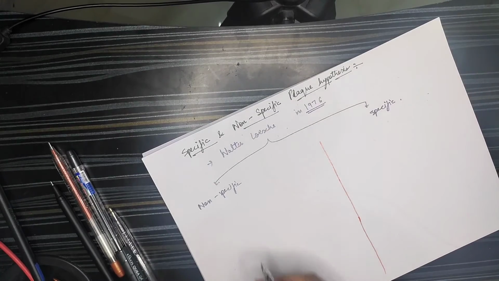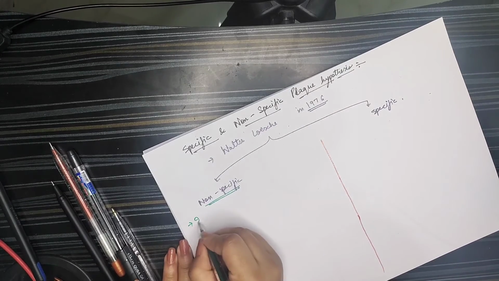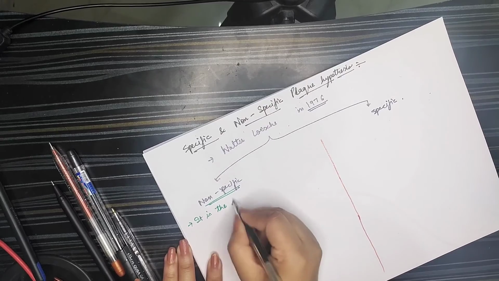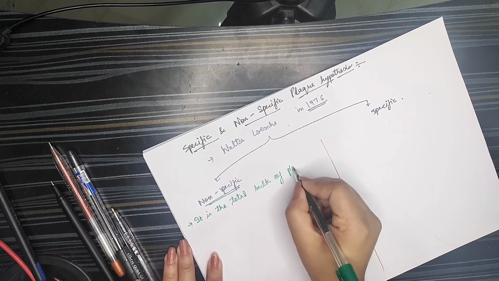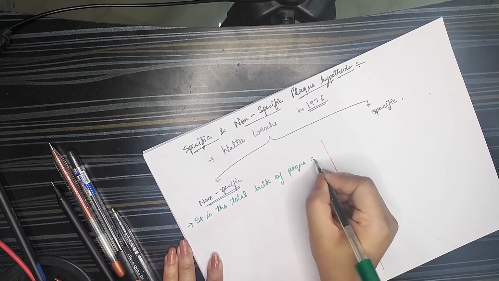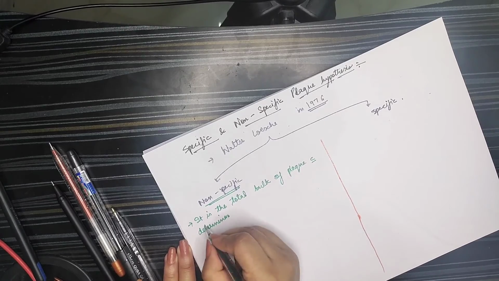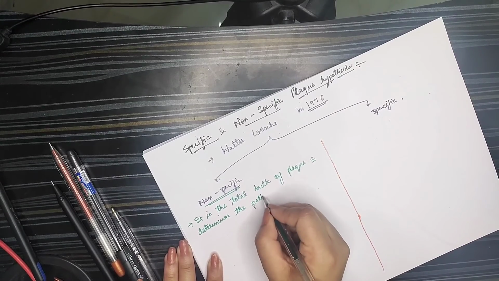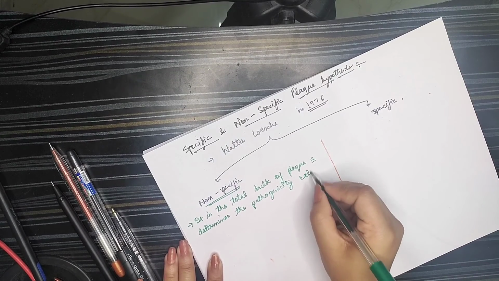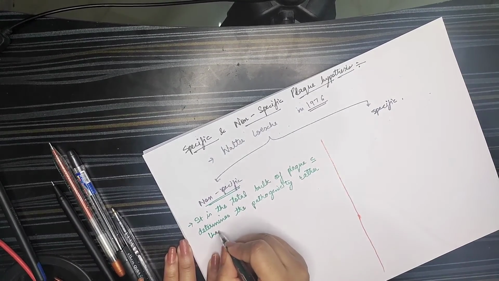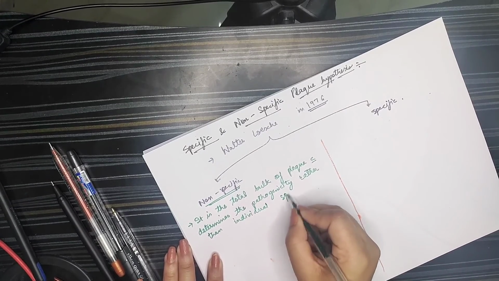So first of all, I'll explain to you the non-specific hypothesis. It is the total bulk of plaque which determines the pathogenicity rather than the individual species.